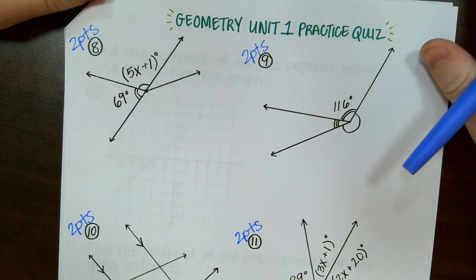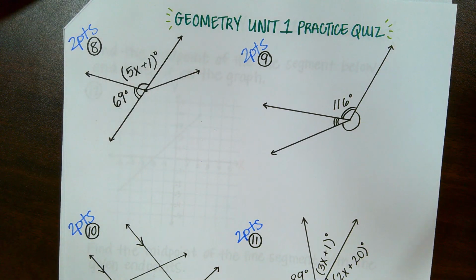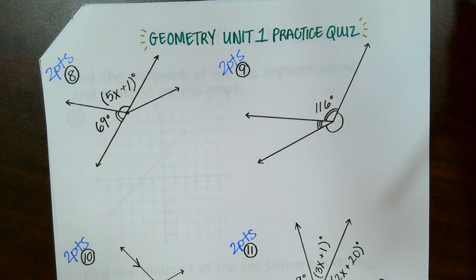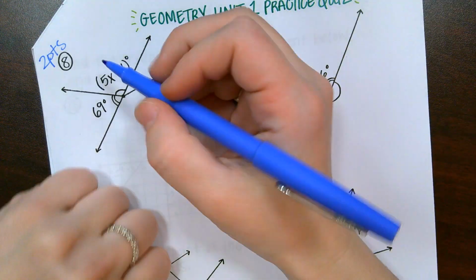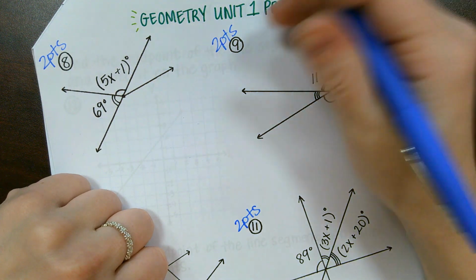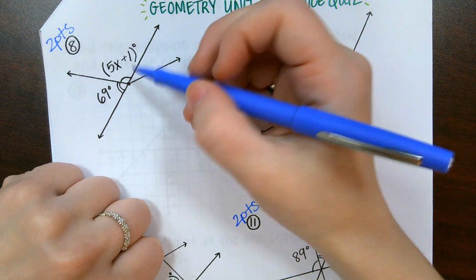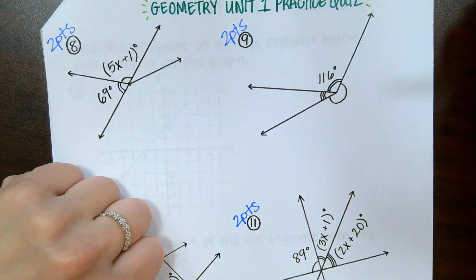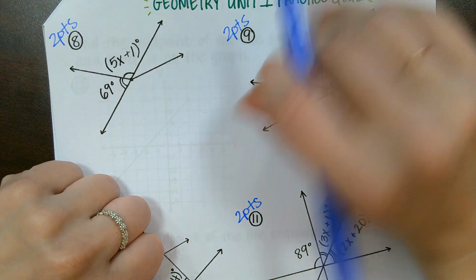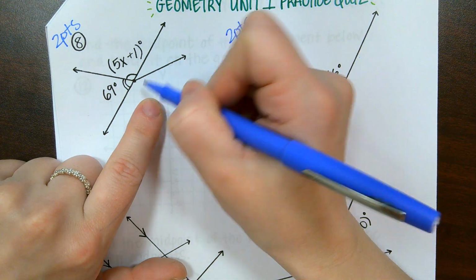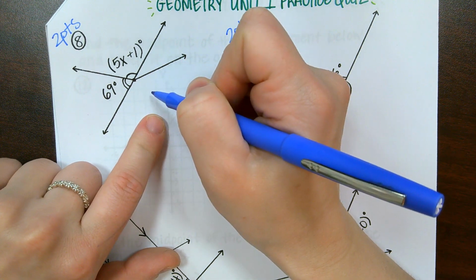All right, let's look at number 8. So in question number 8, I've got 2 angles that the values are given, and I've got 2 angles over here as well. But let's think about this. Are we going to need to use these 2 angles?